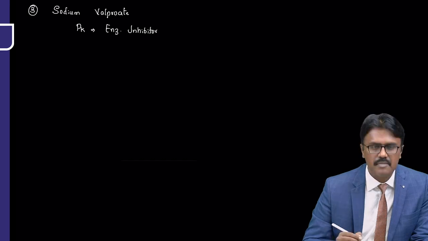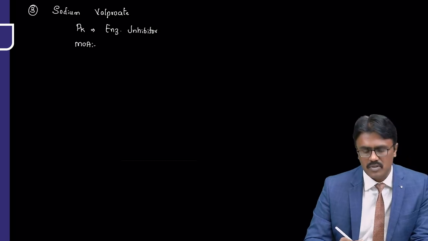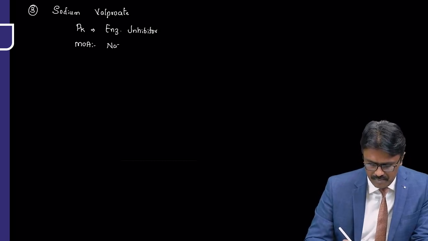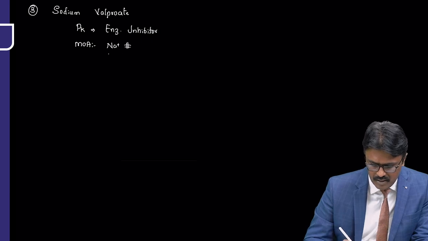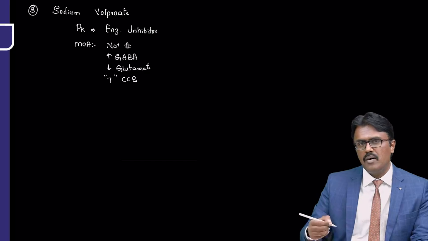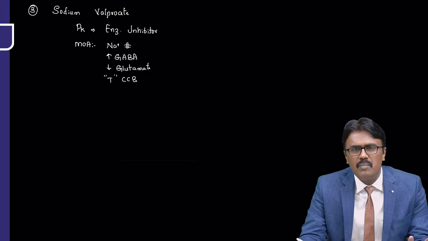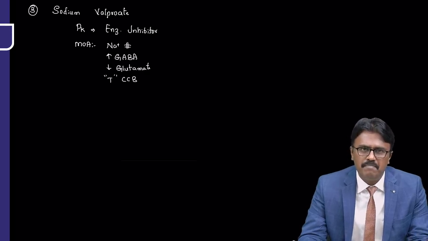Mechanism of action is multiple mechanisms. It's a sodium channel blocker. It increases the activity of GABA. It decreases the activity of glutamate. And it's a T type of calcium channel blocker. So all the four mechanisms are present with sodium valproate. It's like a broad spectrum anti-epileptic.